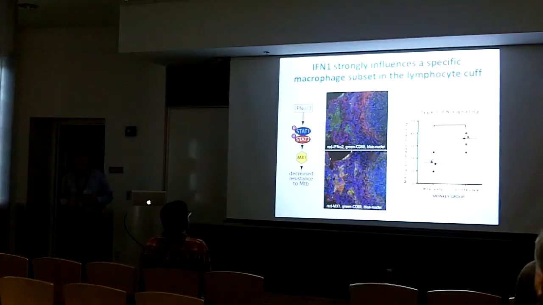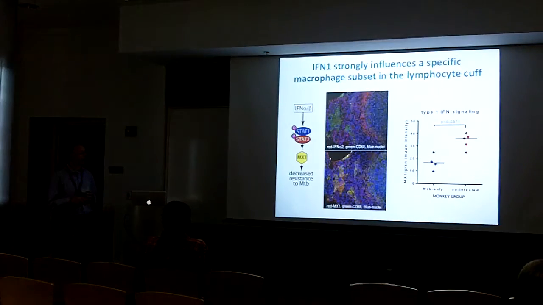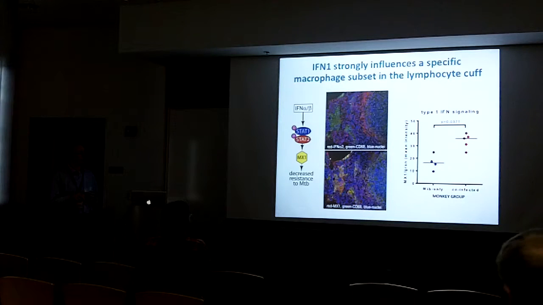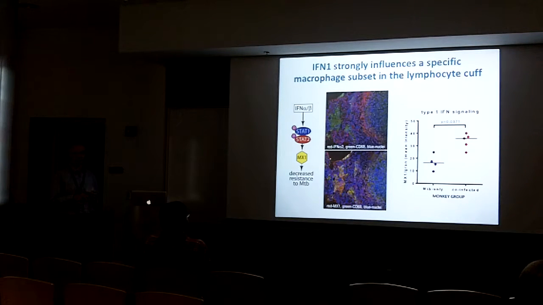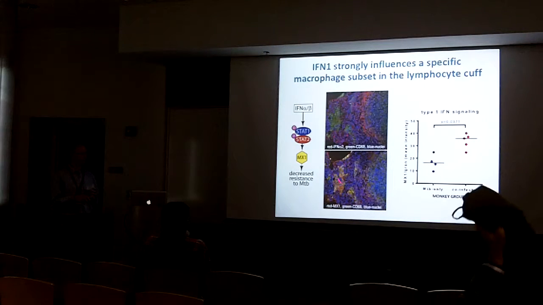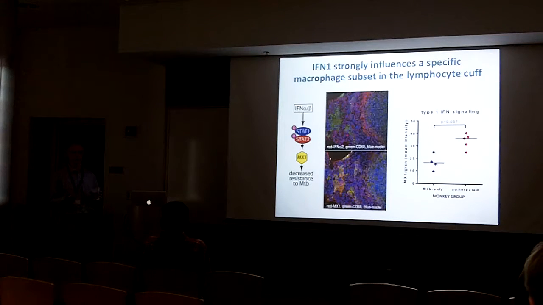And there's a particular population of macrophages that I'm very interested in that you find in the lymphocyte cuff. If you look at this granuloma here, you can see, again, epithelioid macrophages, strong for interferon alpha 2. This population of macrophages is really rich in MX1. And the more we look at granulomas, the more we see that these cells appear to have some relationship with the granuloma's bacterial burden and how sick that animal was.